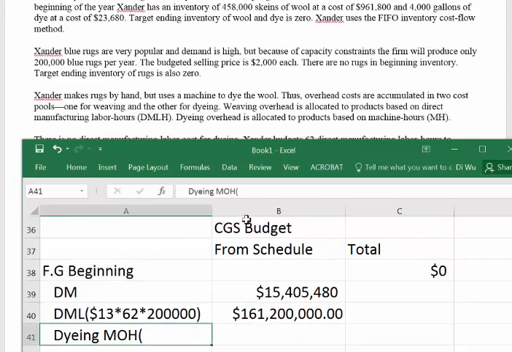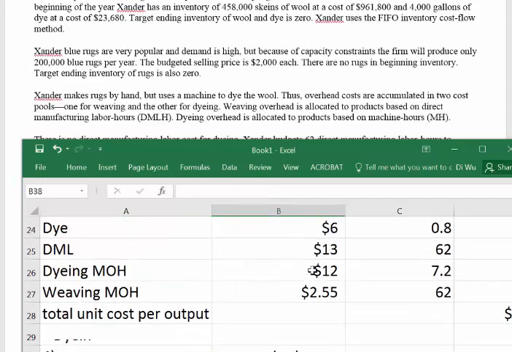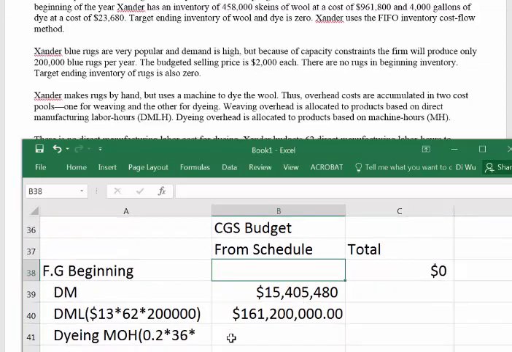For the dyeing manufacturing, you can repeat the calculations if you like. We're looking at 0.2 machine hours times 36 skeins, then times a rate, which, if I'm correct and go back to the prior calculations, is $12 per machine hour.